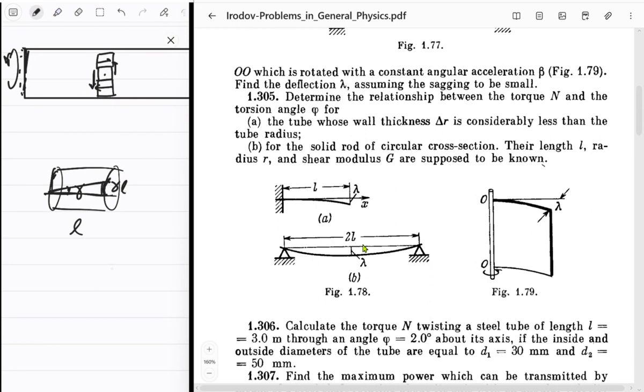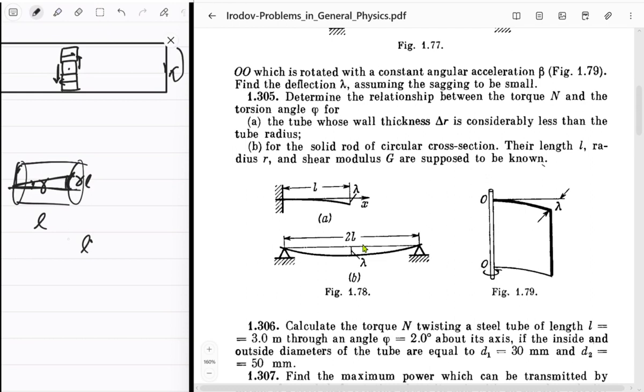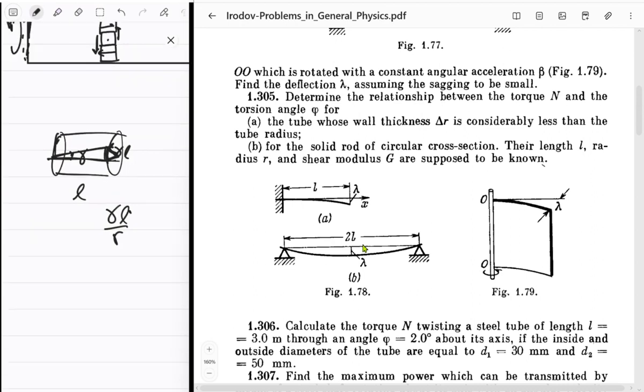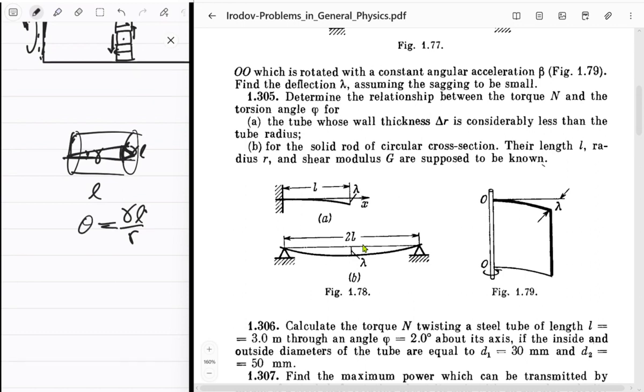And gamma L upon R is how much the angle changed, the angle subtended on the central axis. Call this theta. What that means is theta is proportional to the length. Interesting. And this is the way you can calculate theta.